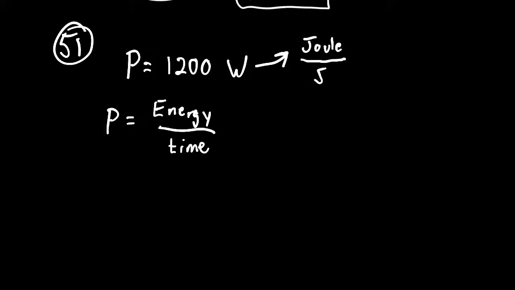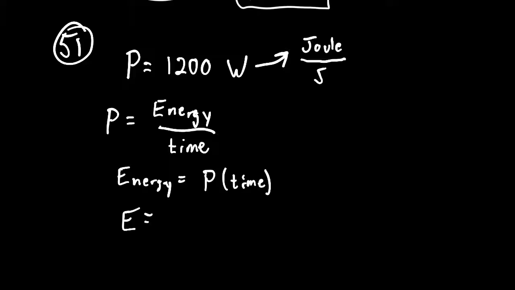right? If I want to know the energy that it takes to make this thing, and I know the power, can I solve this equation for energy? How do I solve it for energy? Just multiply the time over, so energy equals power times time.